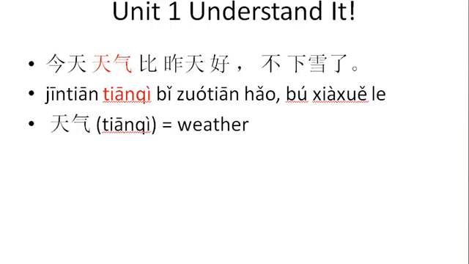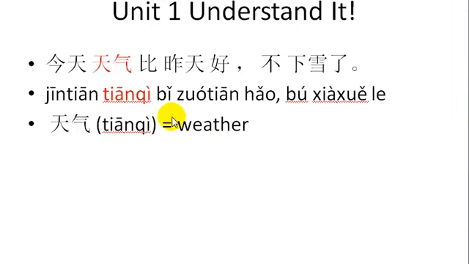Okay, in this dialogue, Gao Xiaoyin and Gao Wenzhong are having a discussion about the weather. Gao Xiaoyin is looking out the window and she says, 今天天气比昨天好，不下雪了. Okay, so there's a couple things going on here that are new to you.